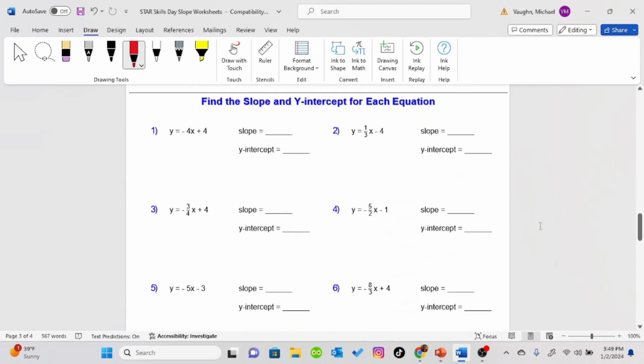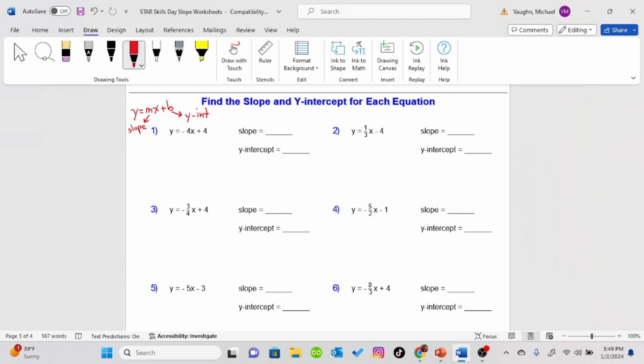On the third page, we're going to find the slope and y-intercept using the slope-intercept form of this equation. So, a slope-intercept form looks like y equals mx plus b. And m is the slope, and b is the y-intercept.